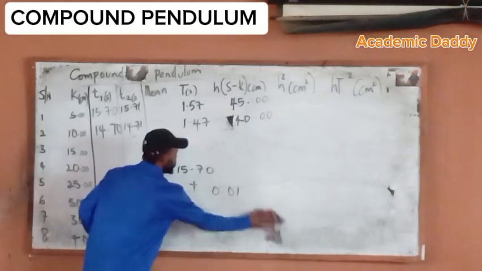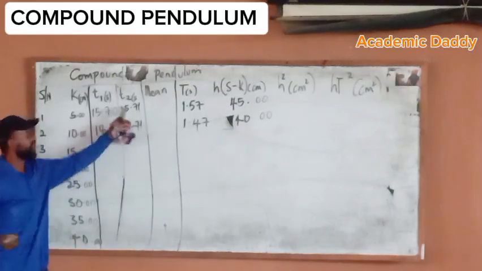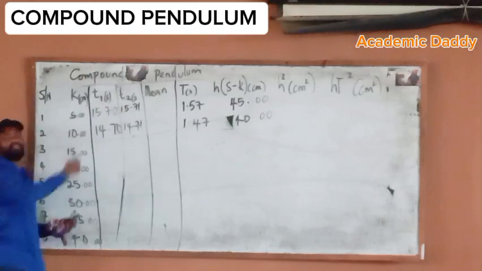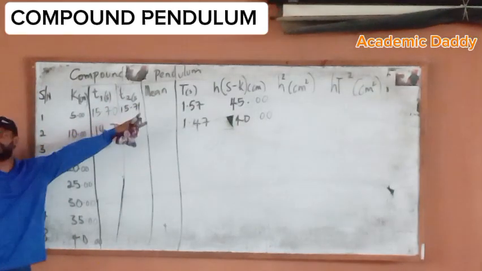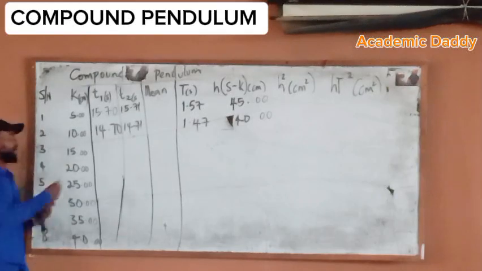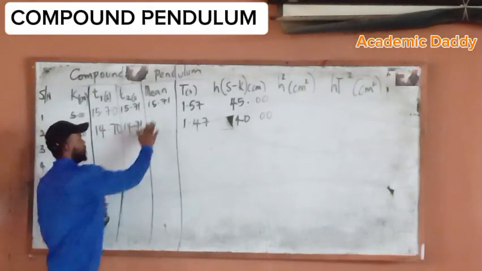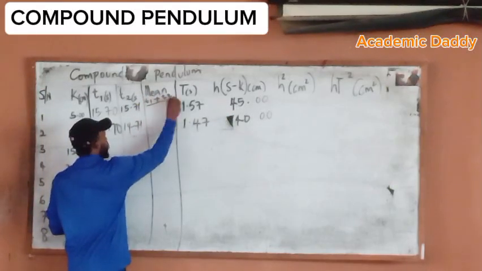Now to get your mean, simply sum these two up, then divide by 2, because there are two values. So when I do 15.70 plus 15.71 divided by 2, it gives you around 15.71. Is it not true? Yes. So let me just do T1 plus T2 all over 2.